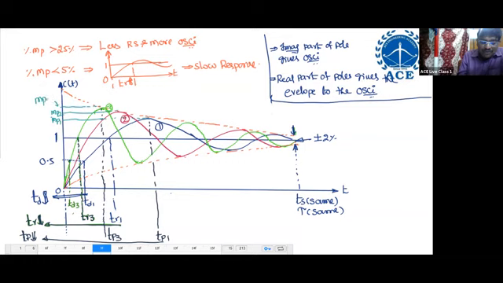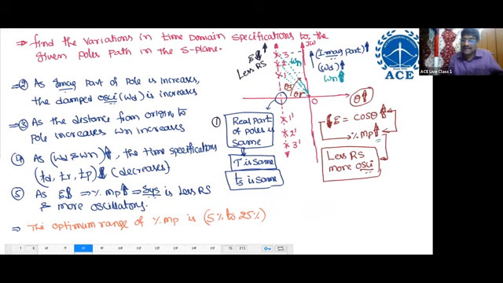Peak overshoots are increasing. All are satisfied or not? Check it. What are the factors we wrote? Peak overshoot increasing, delay time, rise time, peak times, all are what? Decreases. Because when peak overshoot increases, delay, rise, peak all decrease.